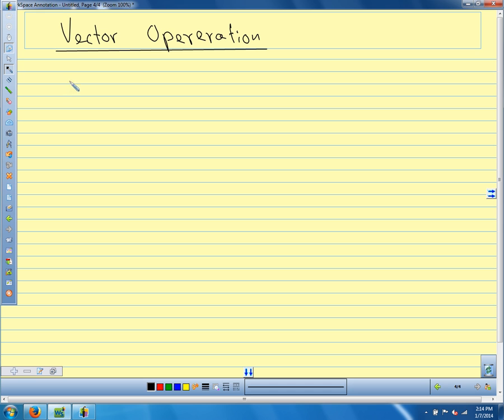All right, so for our vector operations, we're going to say that u is our vector u1, u2. v is a vector v1, v2, and k is a real number.